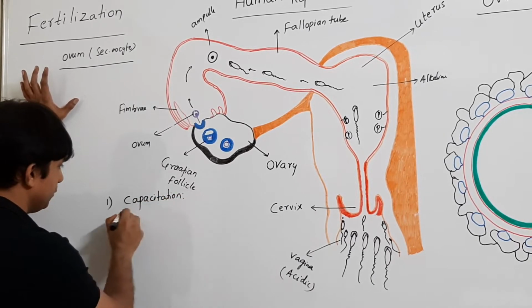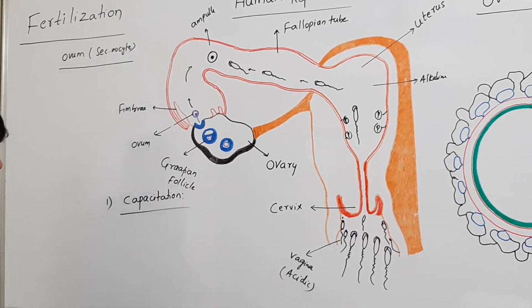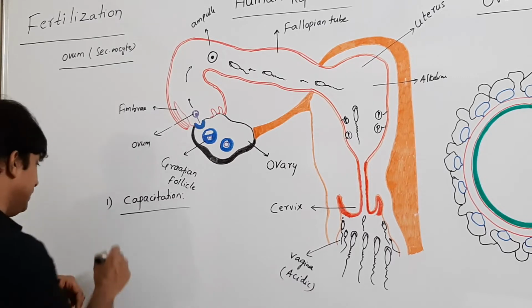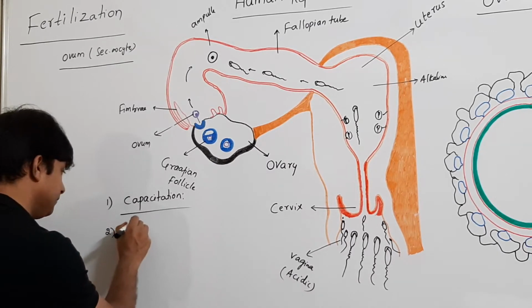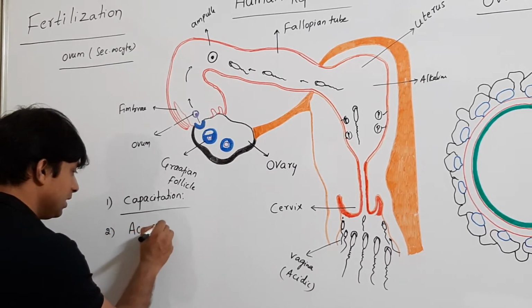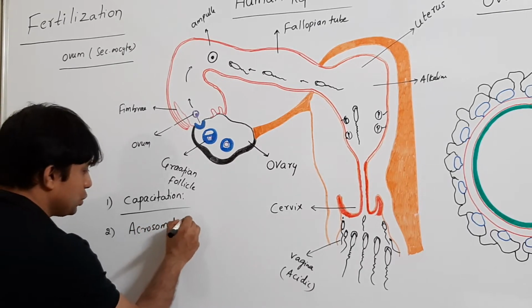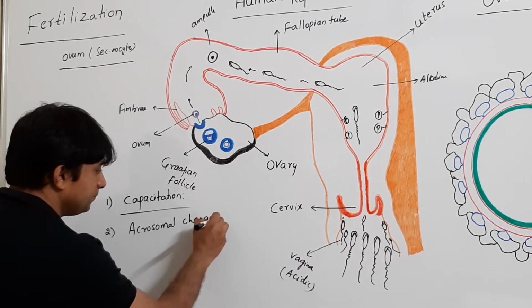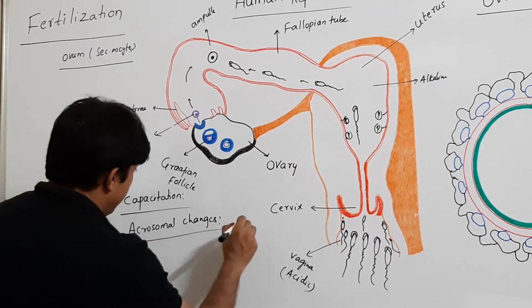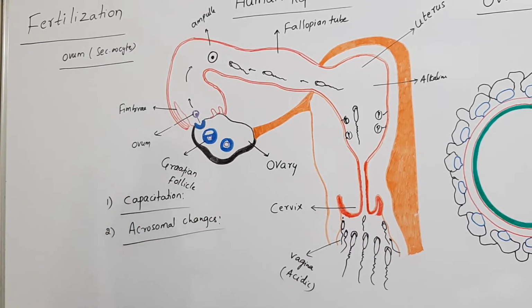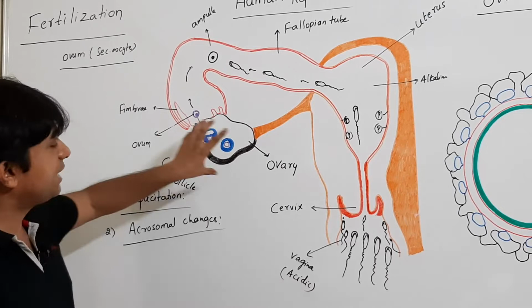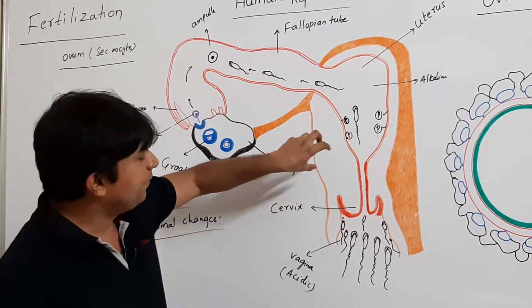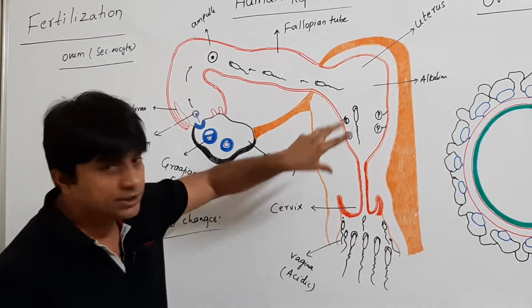Then the second one is acrosomal changes. Capacitation and acrosomal changes are the two changes that take place for the sperm in the female reproductive system.